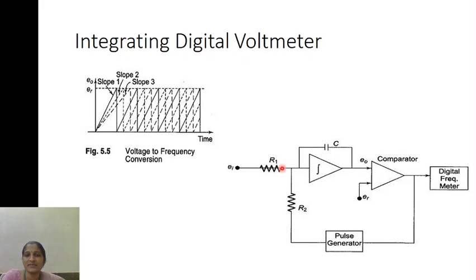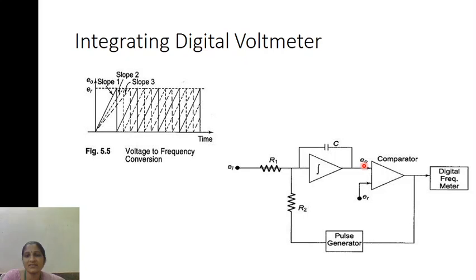During this time, the capacitor, which is connected in parallel with the integrator, gets charged, and it continues until the voltage reaches a reference voltage. ER is the reference voltage.